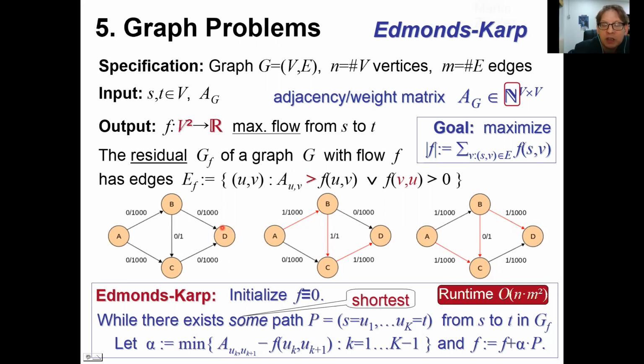Namely, the statement is that the running time is linear in n times m squared, n as usual denoting the number of vertices, and m the number of edges.